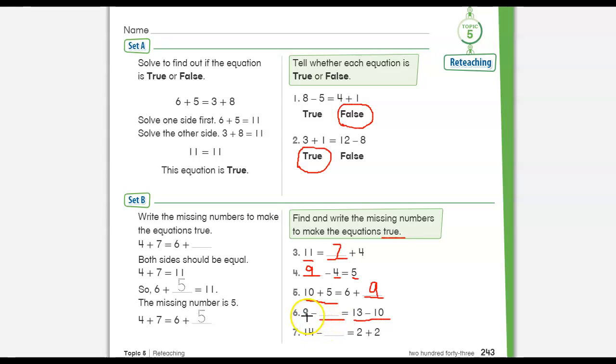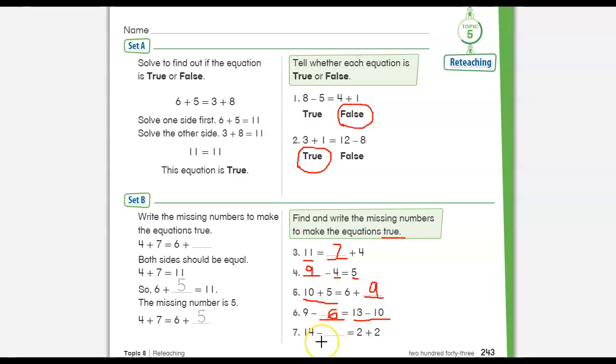And that would be 9 minus 6. 9 minus 6 is equal to 3. And 13 minus 10 is equal to 3. So 3 equals 3. It's correct.